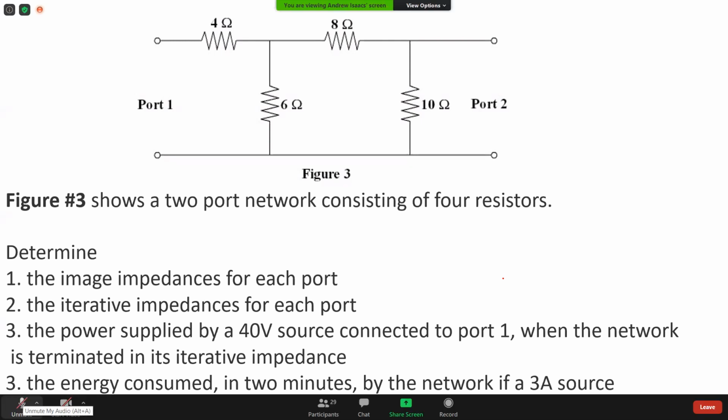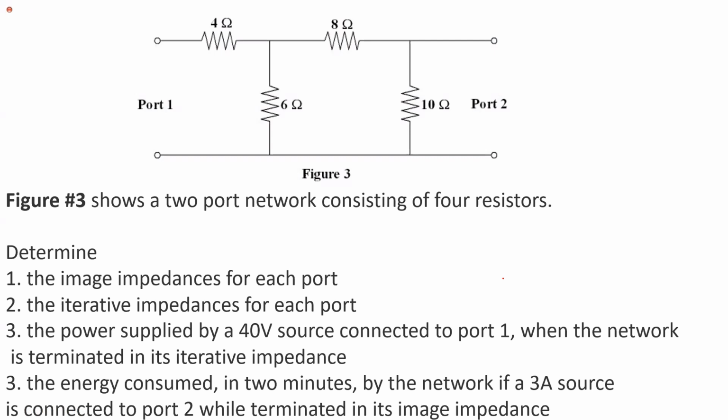Define iterative impedance, sorry. So the impedance that when you're looking in from either port, it's equal to the impedance measured on the other port.